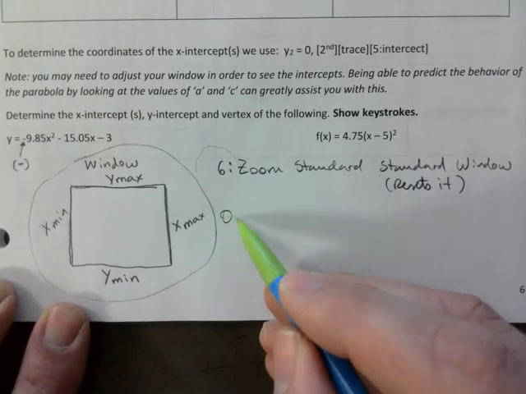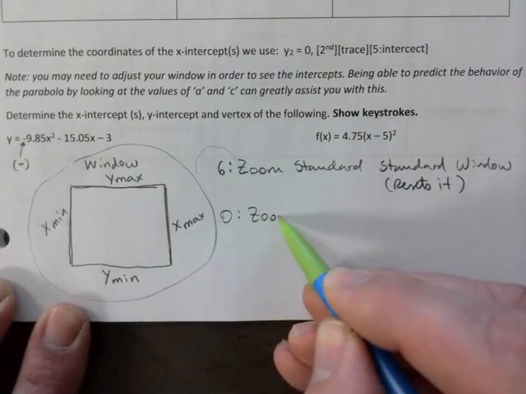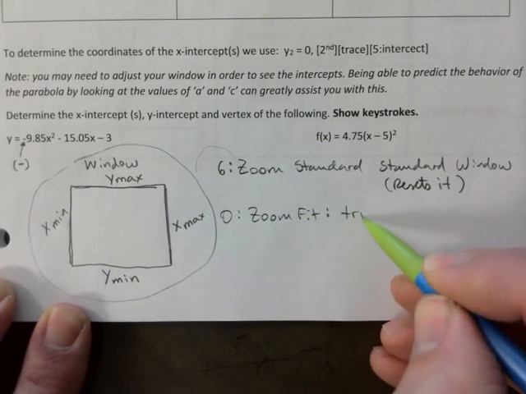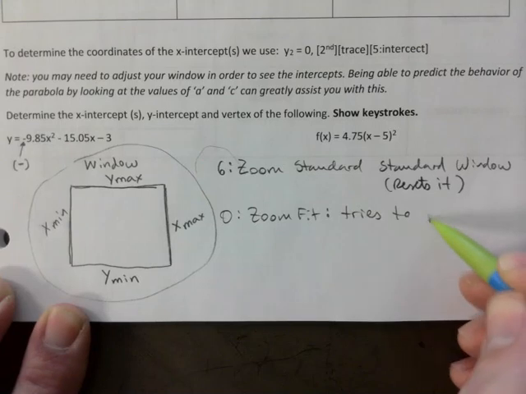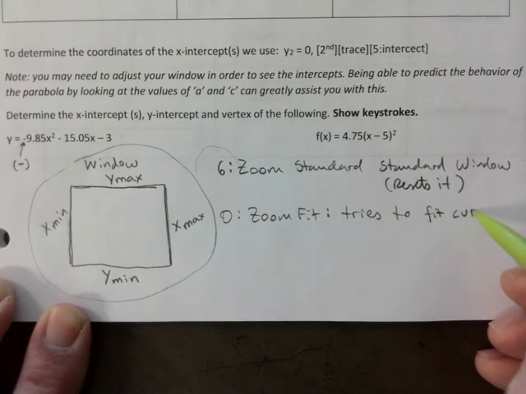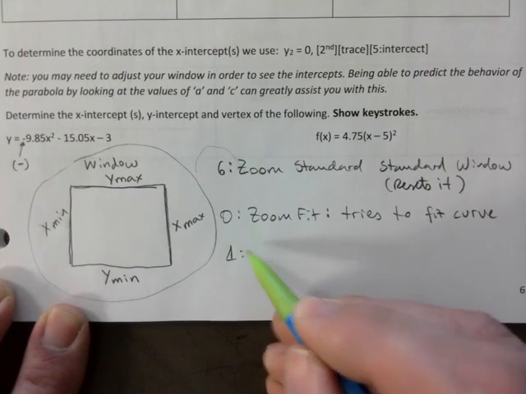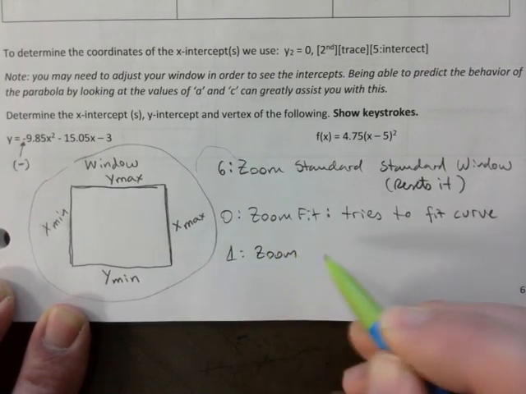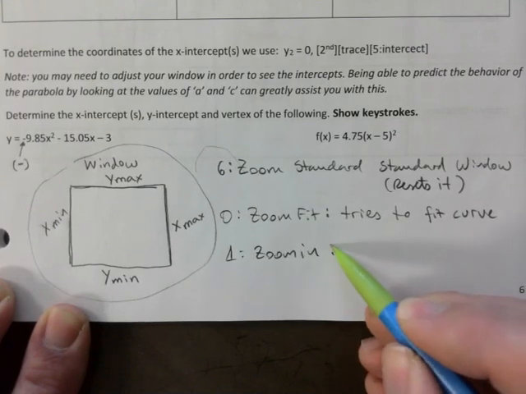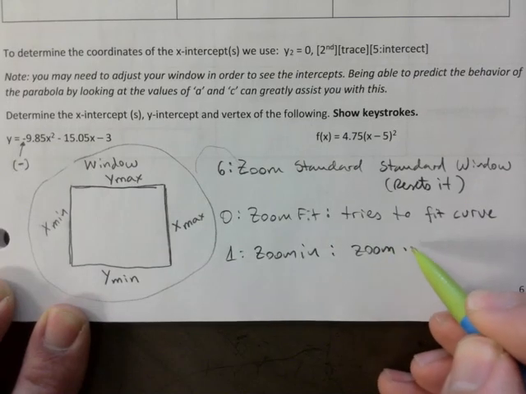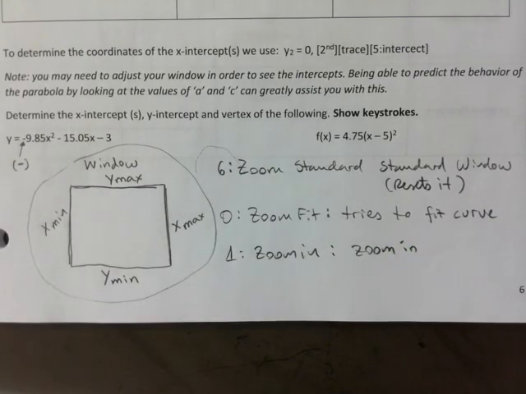And then 0 is zoom fit. What it does is it tries to fit the curve. Okay? And then zoom in will simply, obviously, zoom in. Just keep pressing enter and it'll just zoom in.